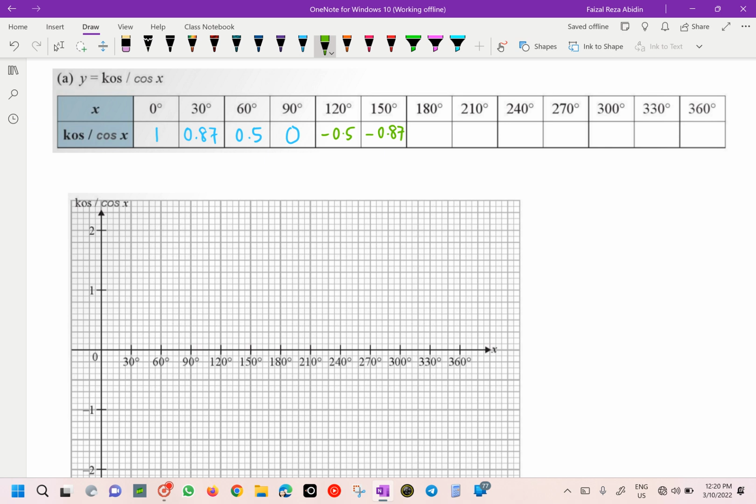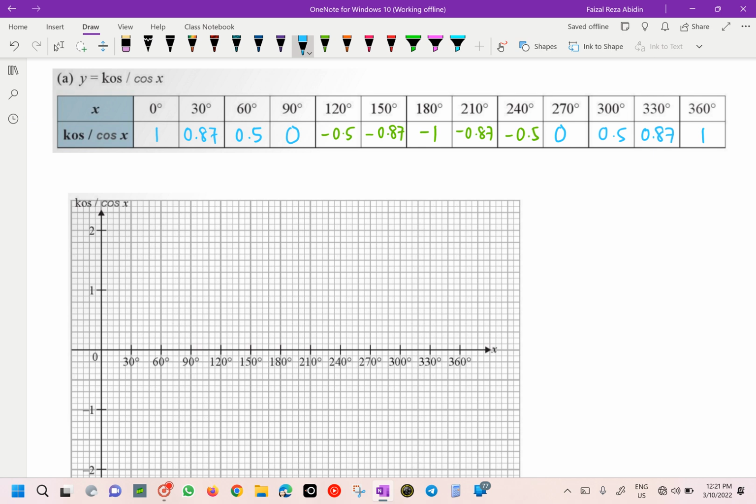And then 180, negative 1. 210, negative 0.87, negative 0.5. This one I'm going to get 0 back, isn't it? You are going to get the same values back over here. Betul. This one 0.5, 0.87, and also going back to 1.